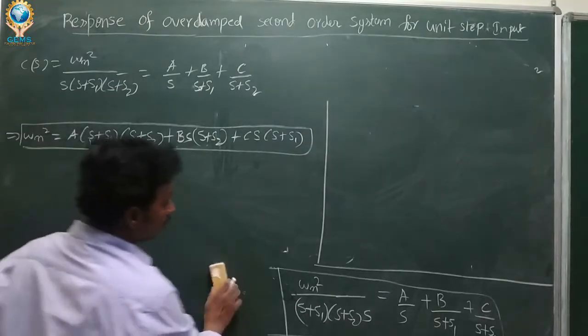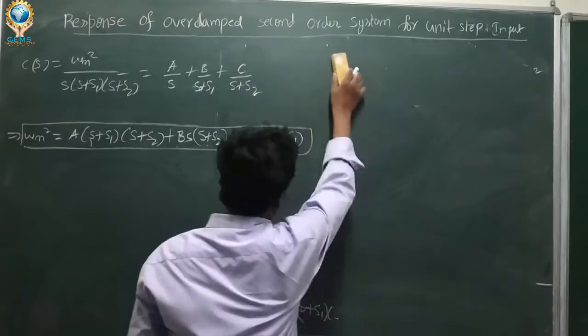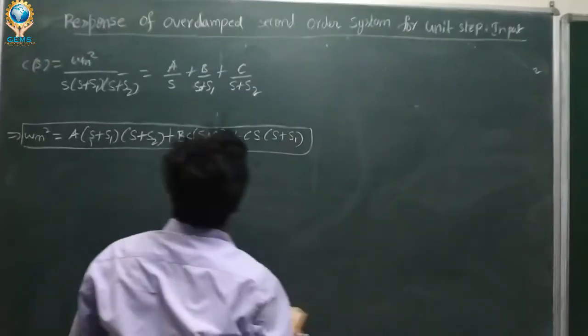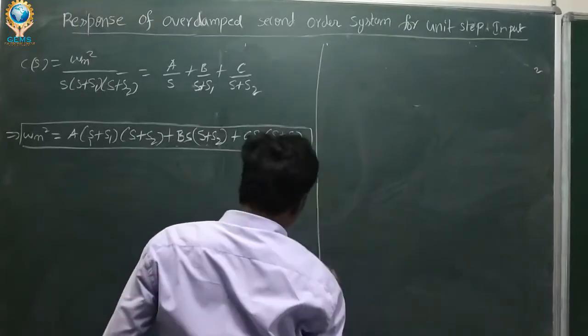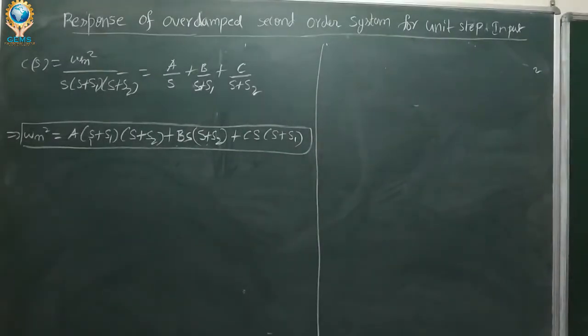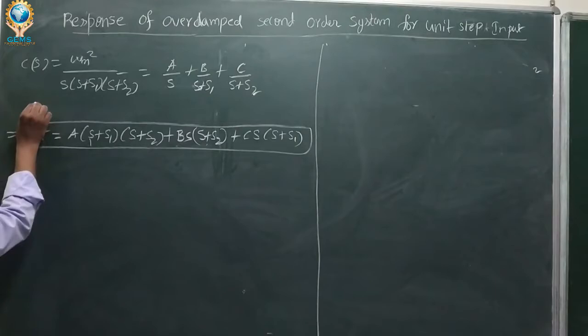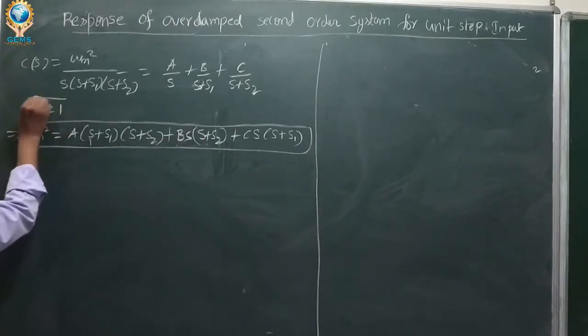I am going to erase this. So you got the A value, A is equal to 1, so I am writing here A is equal to 1.